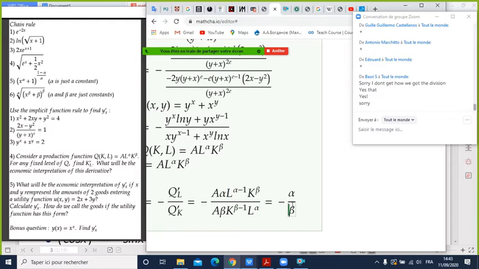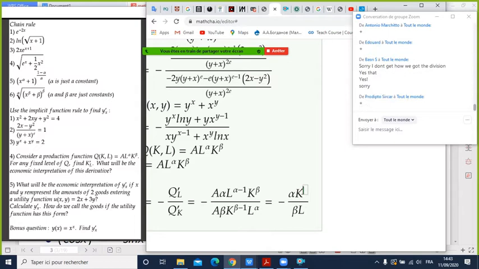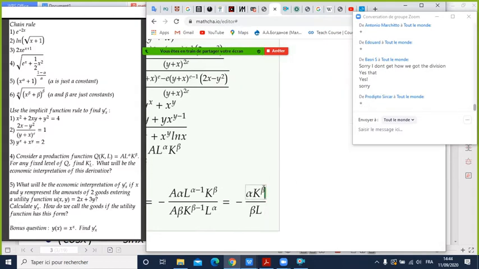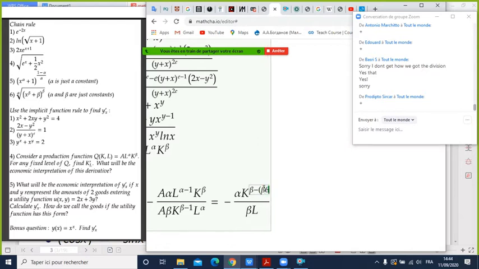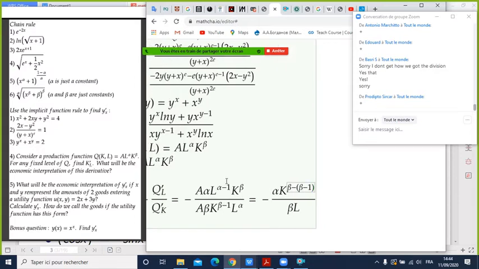So what I can do is, for example, group capital in the numerator and labor in the denominator. So for the capital, now the exponent will be beta minus beta minus 1.